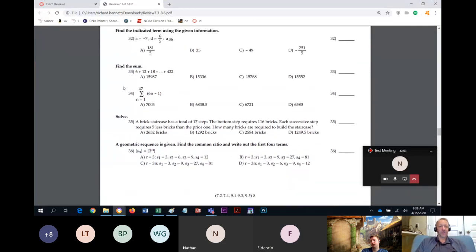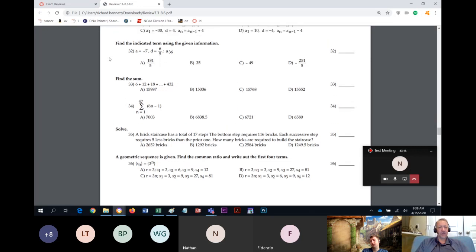This one is a really good one, because we kind of went over the problems. Here we're going to do number 34, maybe 33 and 34. Those are both good ones. Let me copy both of those.